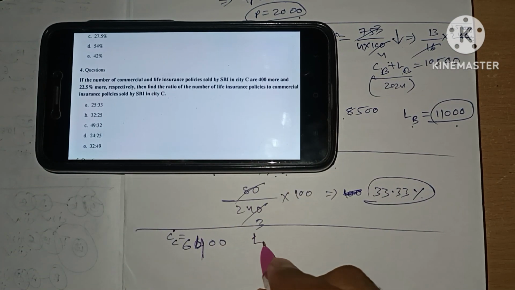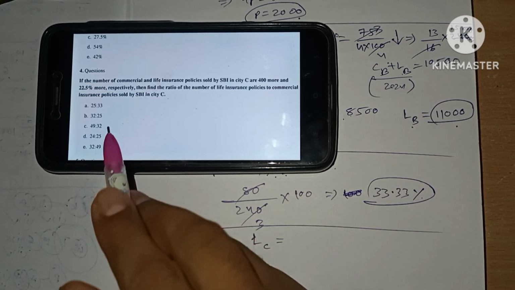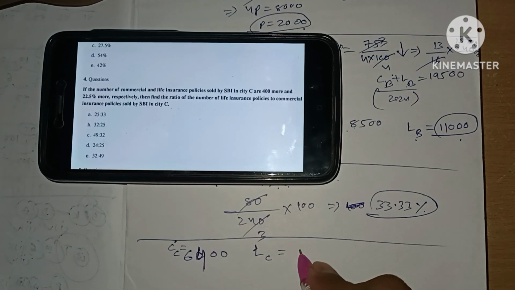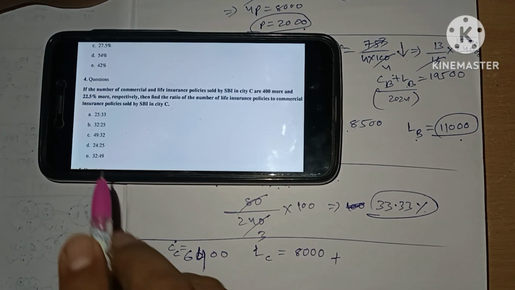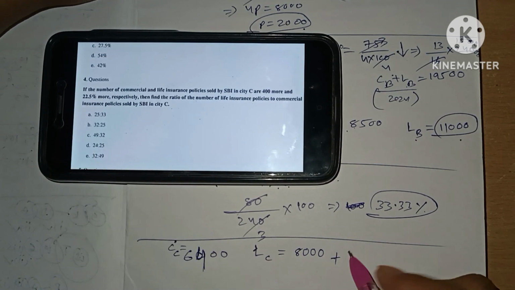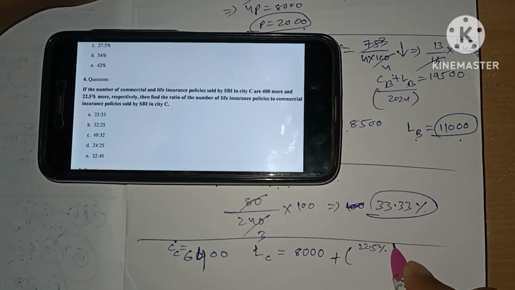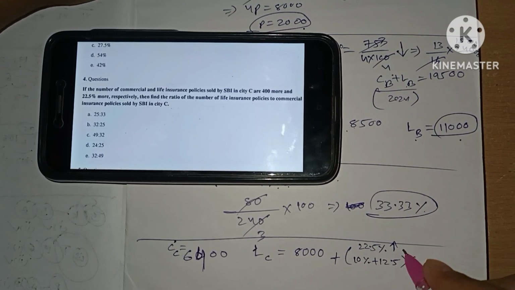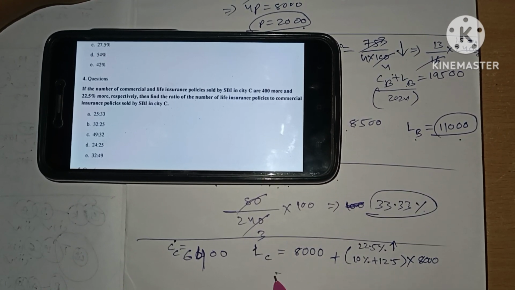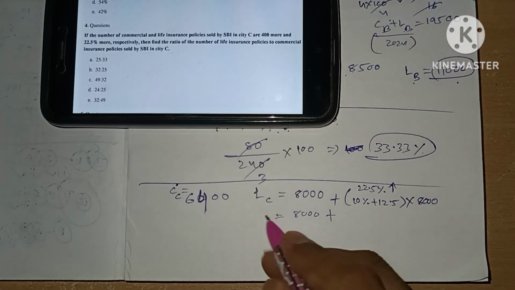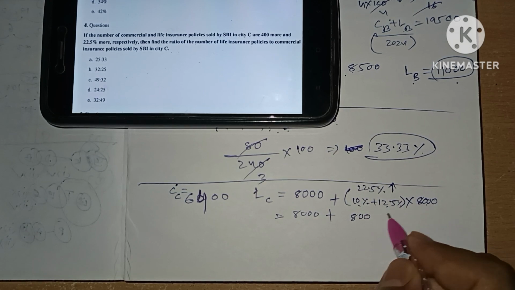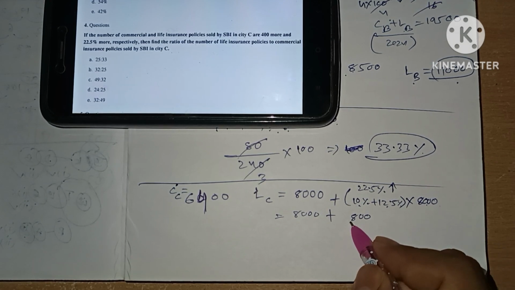For life insurance policies, LC in C was 8000, and it is said 22.5% more, which means we divide this as 10% plus 12.5% of the previous 8000. 10% of 8000 will be 800, and 12.5% is 1 by 8, and 1 by 8 of 8000 will be 1000.